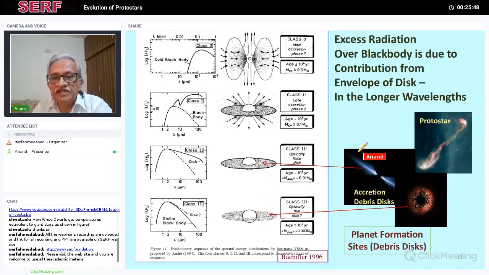So these are the accretion disks here, debris disks here, as I've shown, side on and face on, edge on and face on. This actual star is at the center somewhere here. Planets have to form from this material. That's it. We'll come to that, I think, day after tomorrow.